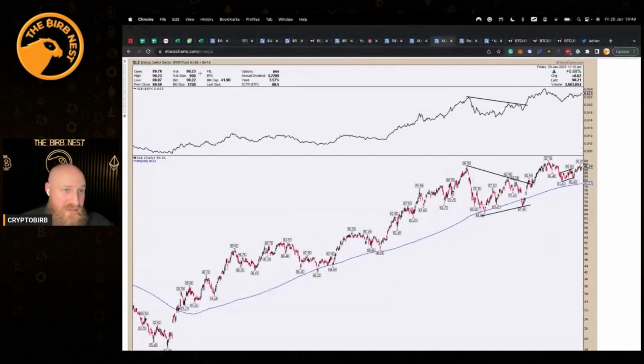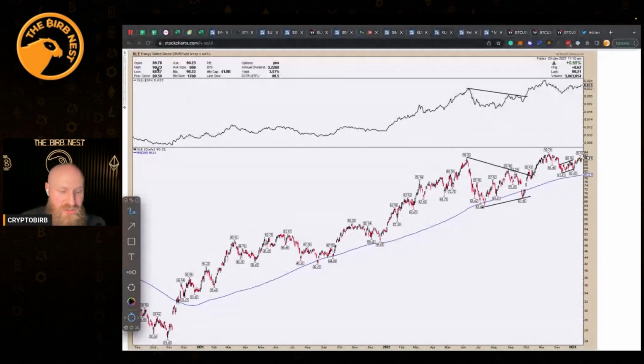And the XLE, which on the other hand is the energy sector of the S&P 500, was signaling significant trend reversals before they happened. That is very interesting, right? I was preparing a series of tweets on this relative strength ratio breakout.